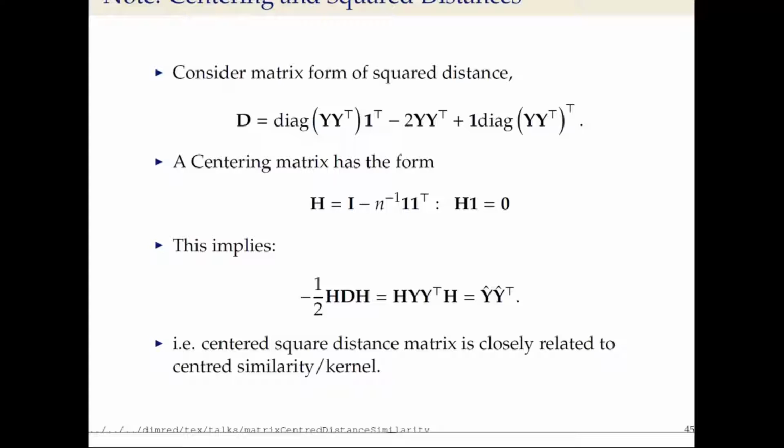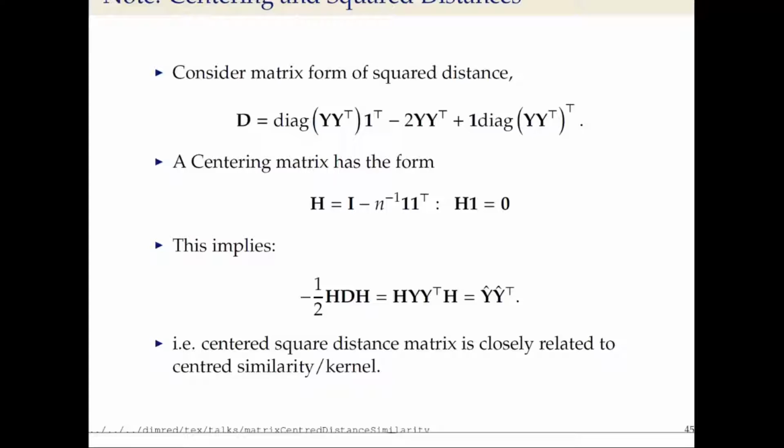If you multiply it by Y, you get I times Y minus 1 over n times Y times 1, which is the mean. Those bits give you the mean, and then this bit does that nasty MATLAB trick of mapping the mean up so you can subtract it off the original data. So this is the centering matrix. If you take Y and multiply it by H, you've just got Y hat, Y with its mean removed.